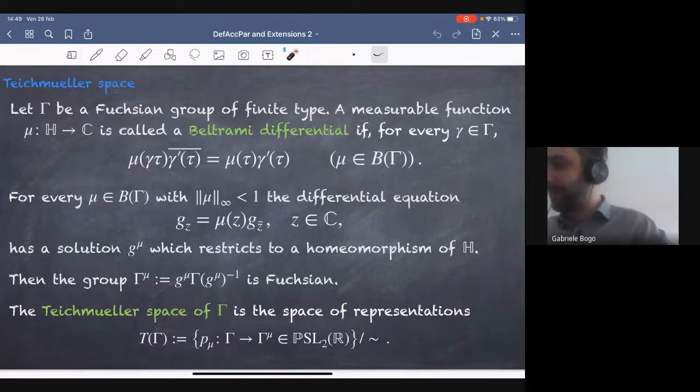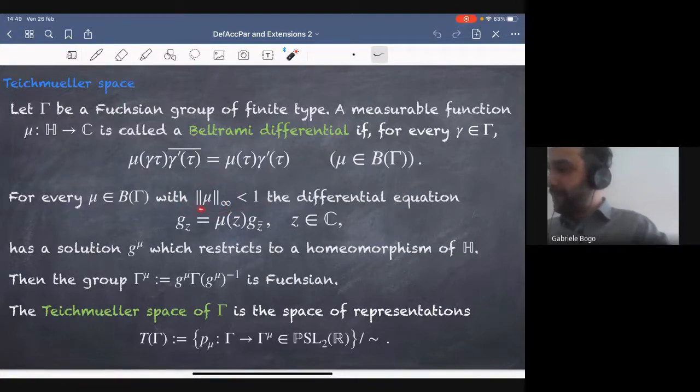They are called Beltrami differentials because they behave like a (-1,1) differential. We denote by B of gamma the space of such measurable functions, and then we want to consider the smaller space of such functions with sup norm smaller than 1.